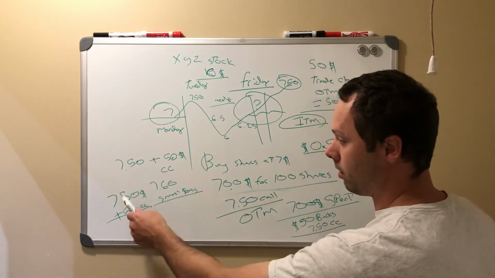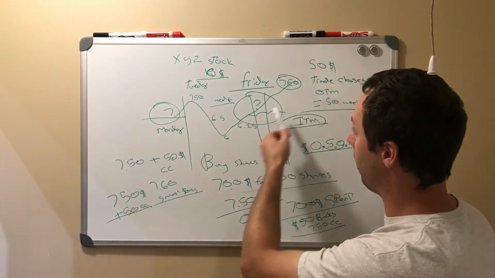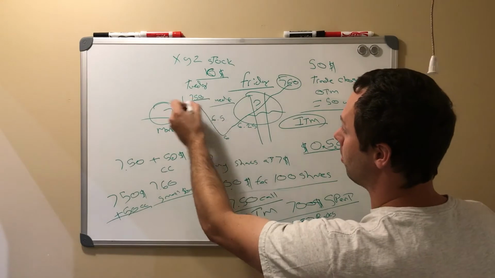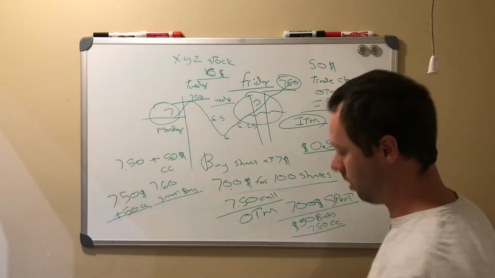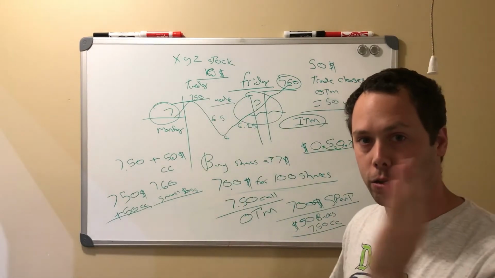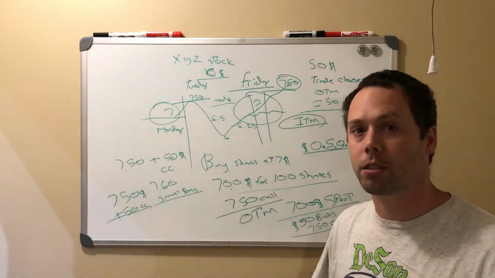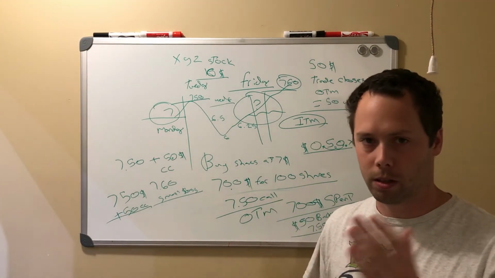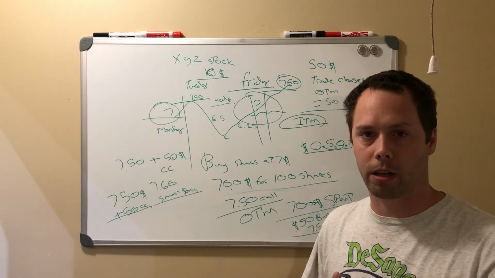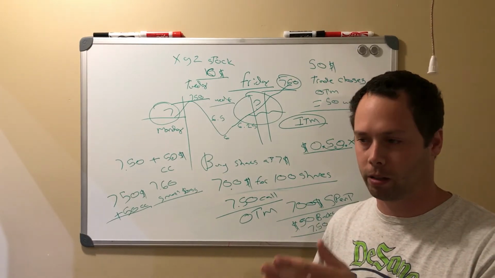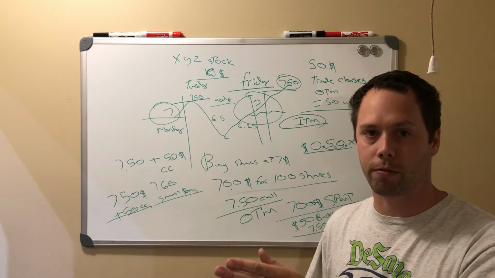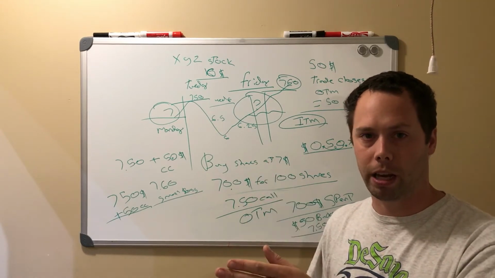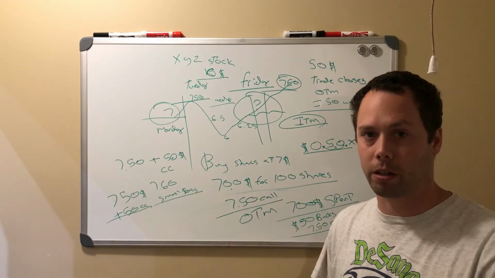So getting your shares called away because it expired over the 7.50, okay? What that is, you gave someone the right to buy your shares at $7.50 or greater. The broker is going to exercise that transaction; the trade closes on Friday at 4, and your shares will be taken by Saturday morning. They'll be gone.